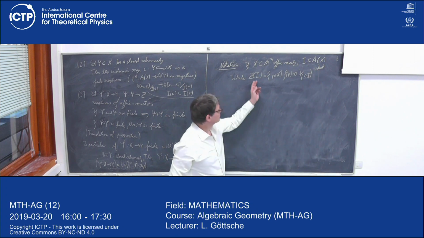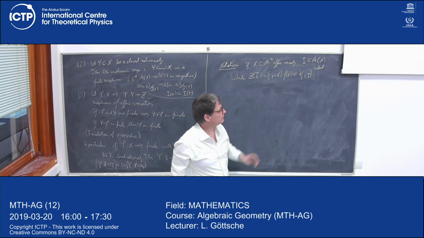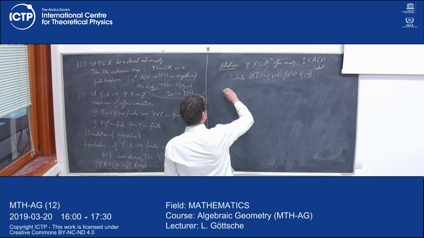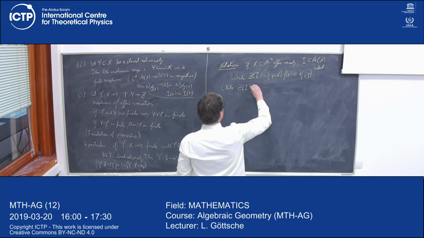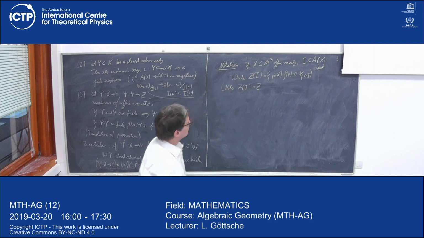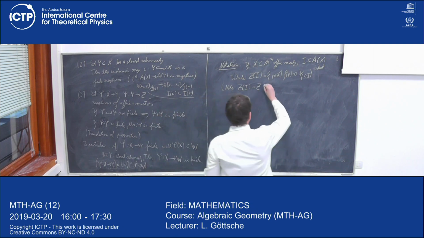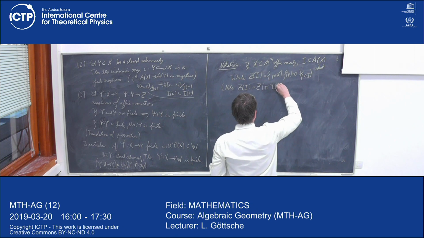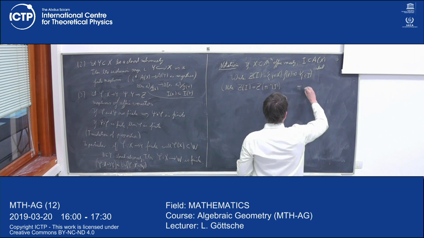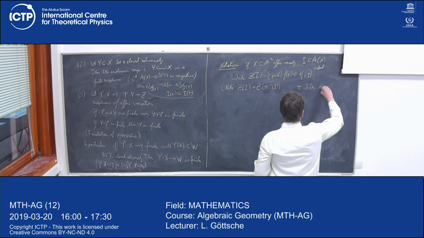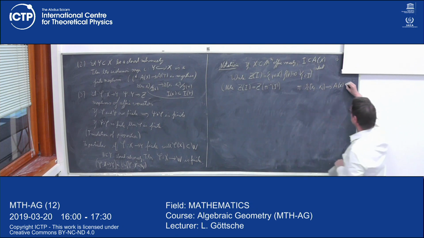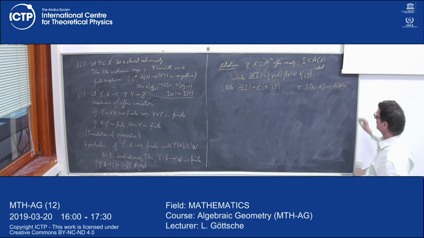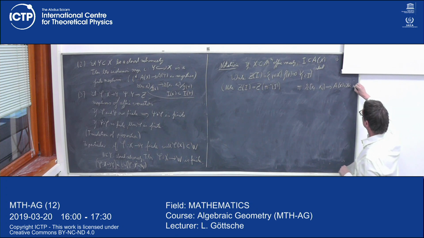So before we had only talked about ideals in k[x1, ..., xn]. But note that Z(I) is just Z(π^-1(I)), where π from k[x1, ..., xn] to A(X), which is k[x1, ..., xn] divided by the ideal of X, is the natural projection.